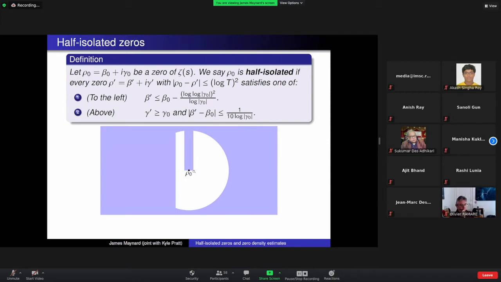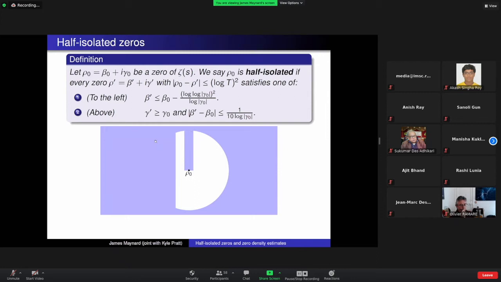So it's roughly saying that there's no zeros to the right, but that's maybe not such a strong assumption because you expect, and we also partially know, that as you go further to the right, the zeros become rarer. And we're also saying that somehow there's no zeros directly below this half isolated zero. So it's half isolated because it's isolated to the right and it's isolated below, but it's not necessarily isolated above.